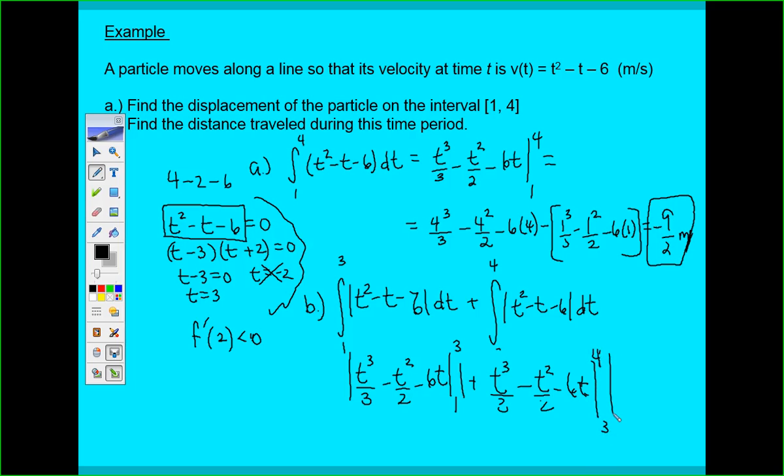And we would want to make sure that we're taking the absolute value.